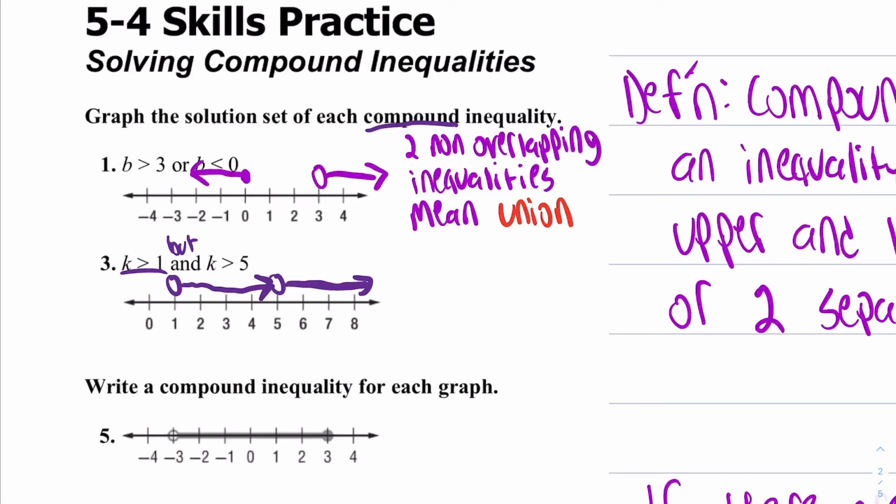So we only want the answers that are greater than 1, but are also greater than 5. So then the actual solution set are only these ones. The intersection is only the ones that are greater than 5. So that's the solution set to that compound inequality.